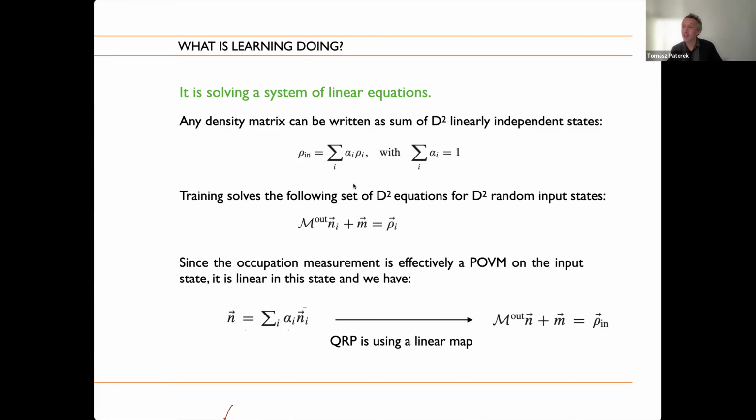We measure the mean values of excitations for each and every qubit. This is our vector N_i. We make the training and finally try to work out the state by applying this matrix M on the measured vector of the mean values. Here it's parameterized in a bit different way, but that doesn't really matter.